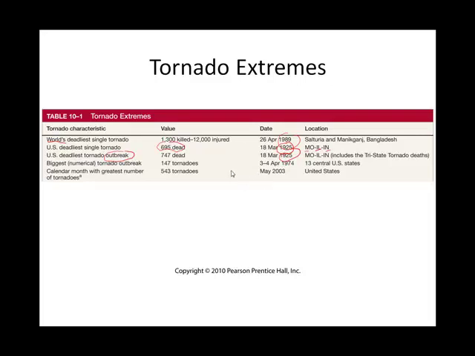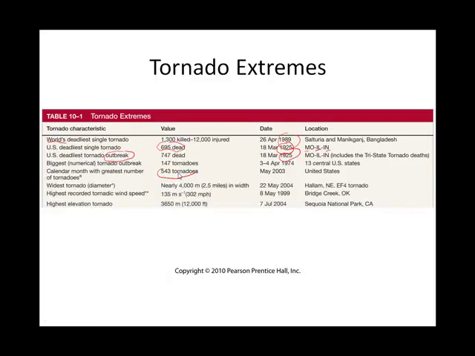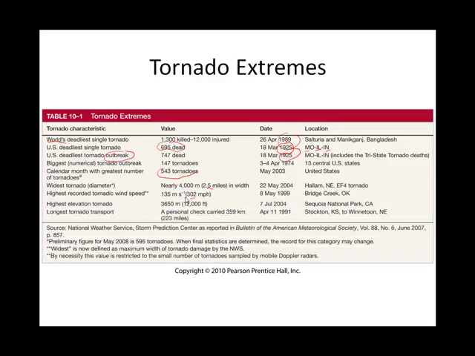In 2003, for 1 month, we had 543 tornadoes in the United States. That's a lot of tornadoes. These next ones talk about what was the widest tornado, 2.5 miles. That's pretty darn wide. It made contact with the Earth's surface. The fastest, the highest speeds, 302 miles per hour, greatest elevation.